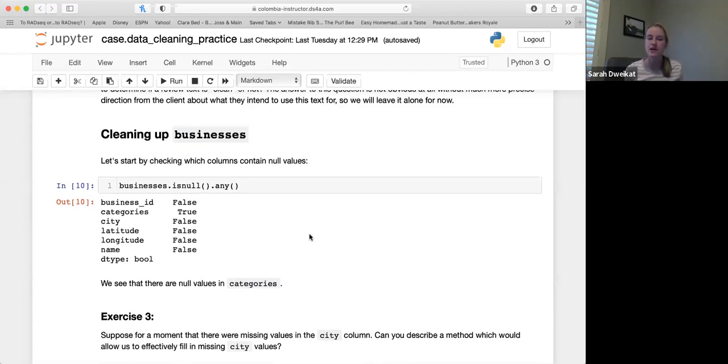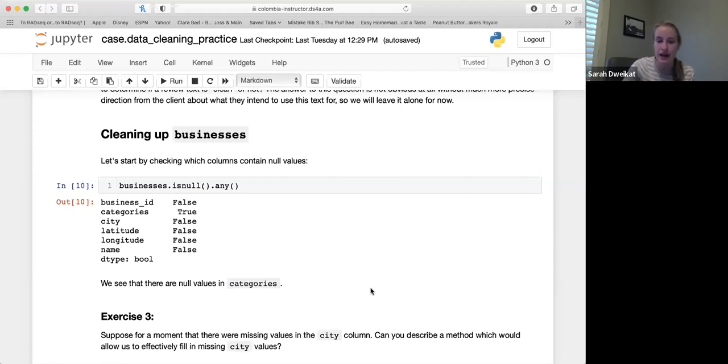So our exercise 3, suppose for a moment that there were missing values in the city column. So our city column, remember, just has the name of the city that the business is located in. Can you describe a method which would allow us to effectively fill in missing city values?